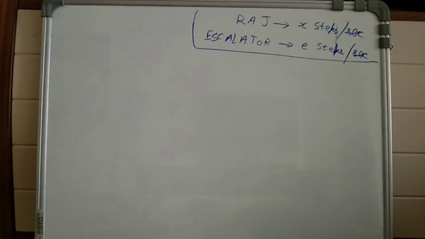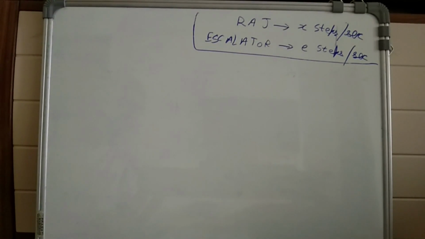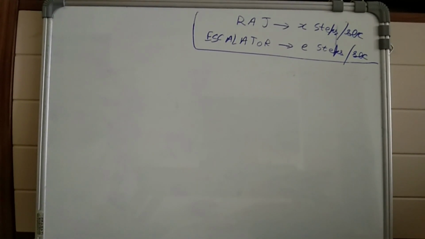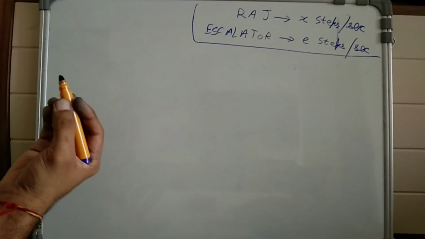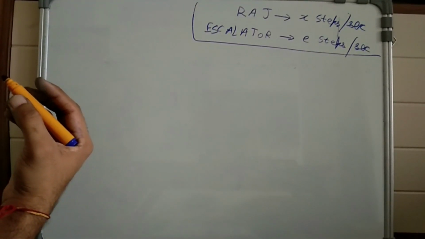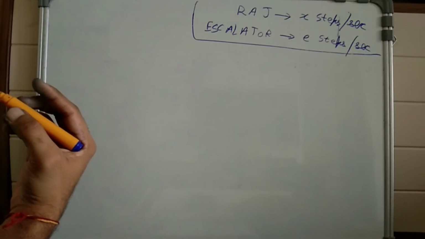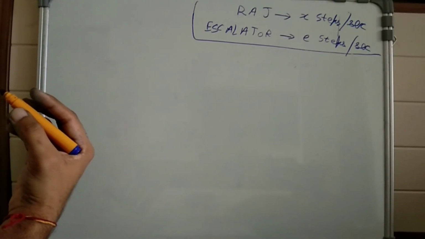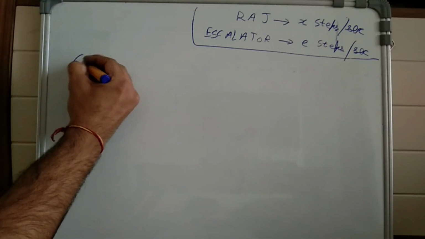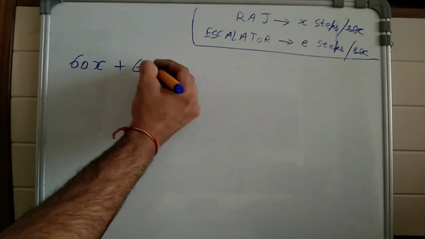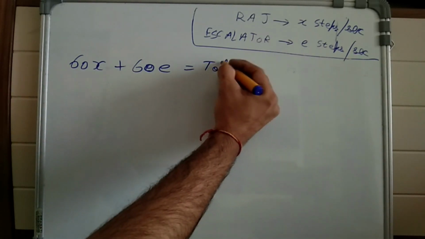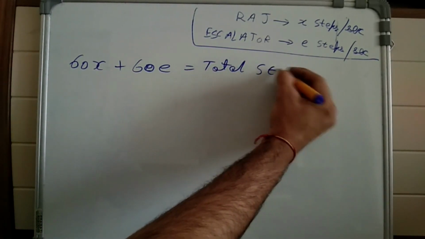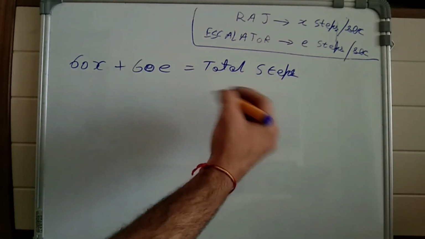Again, I have to just make the equations over here. Let me write down the first equation for the first case, when Raj is moving up on a moving up escalator. So 60x plus 60e, this is the total steps. This is my first equation.